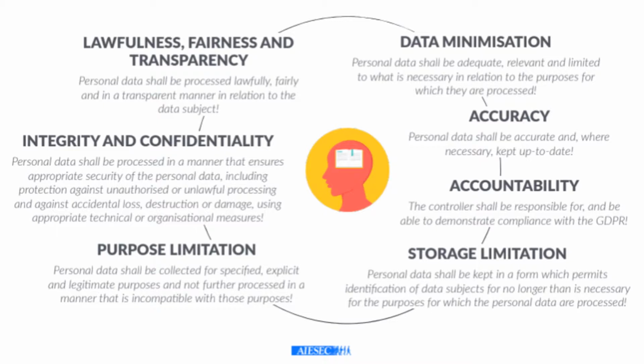We should store the data only for the time that we need it, and only use it for the purposes that we agree with the data subject. And we should not give the data to any third parties. And also we should be really transparent about what kind of data we collect, so the data subject would always know what kind of data they have given, what kind of data we have from them, and so on.